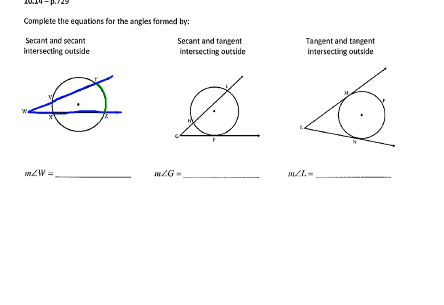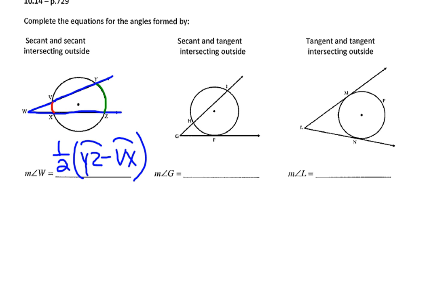So I take the two arcs that angle intersects, and I'm going to do half of the difference of those two arc measures. You just want to follow your angle all the way through the circle to find out what arcs it's intersecting.